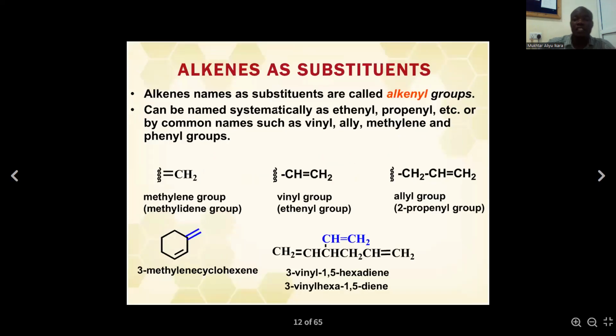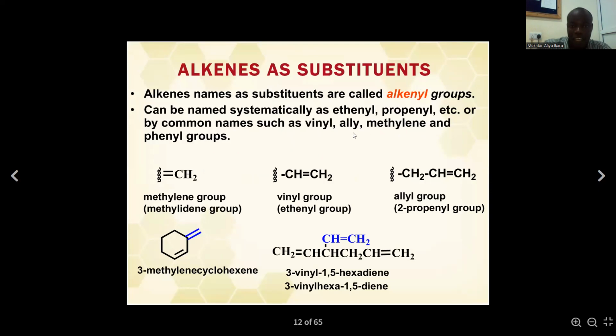So alkenes as substituents. What if you have alkenes as a substituent? Alkene names as substituents are called alkenyl, not alkyl. It's alkenyl groups, and they can be named systematically as ethenyl, propenyl, etc., or by a common name, such as ethenyl, which is vinyl.